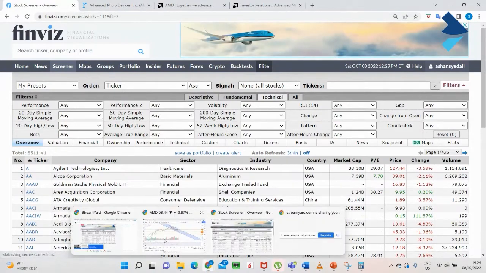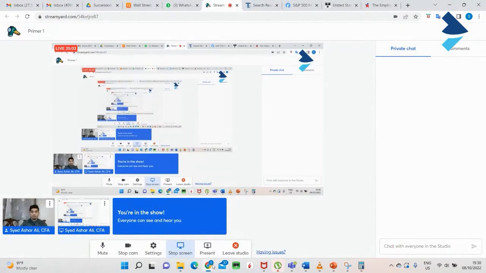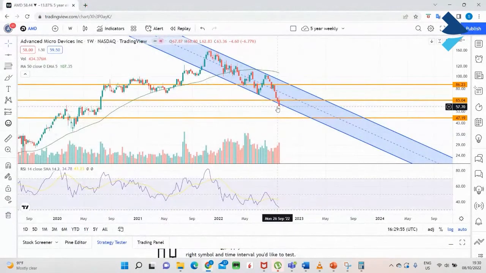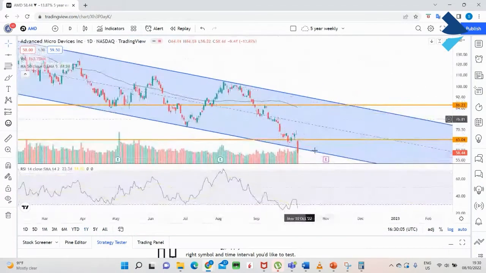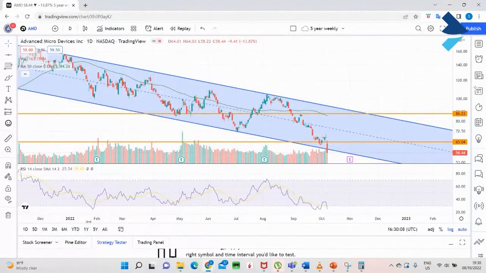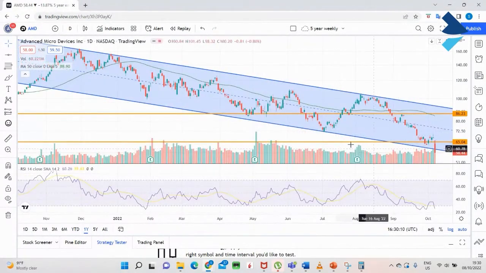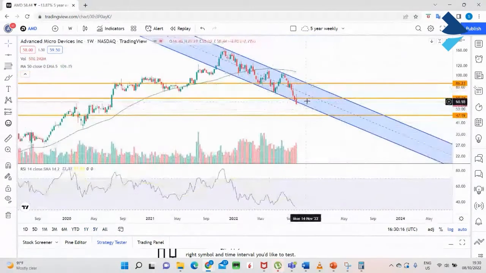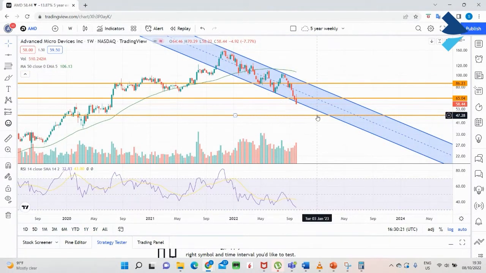Now here AMD has made a 52-week low, and as I mentioned, I would really be looking at 48, which means it will continue to post a new 52-week low in the coming days, and we might actually see it in the next 1 or 2 weeks, maybe coming down to the 46 level, at which it becomes very interesting to look into this company to be buying.